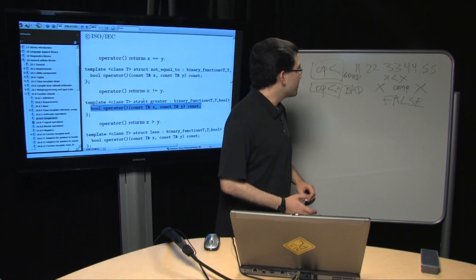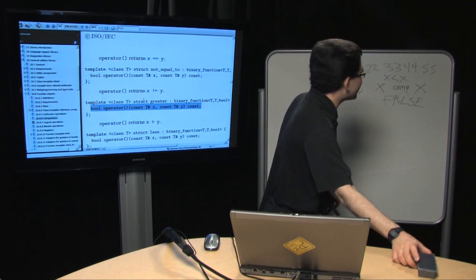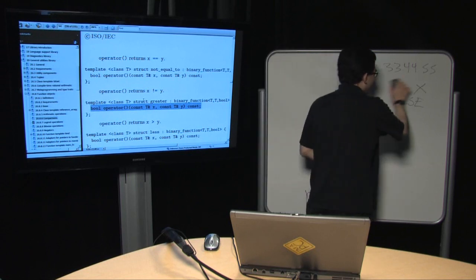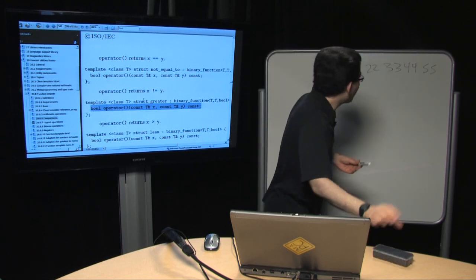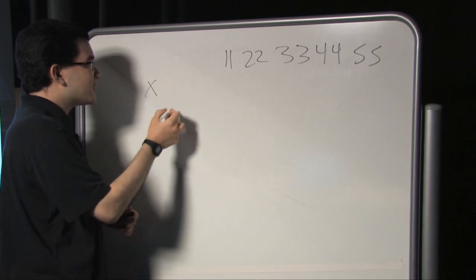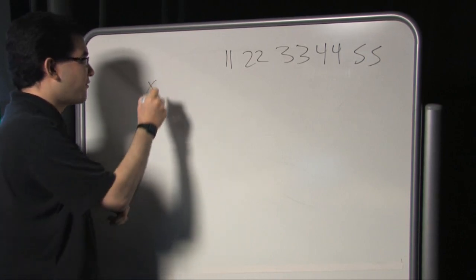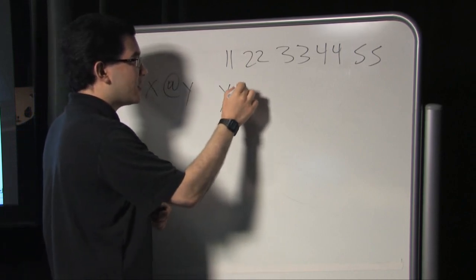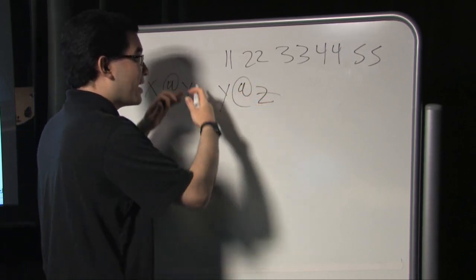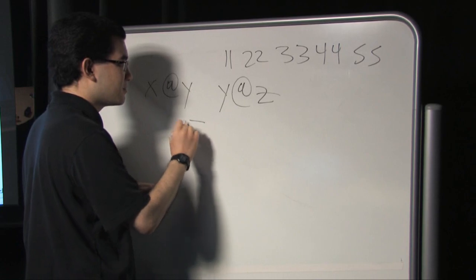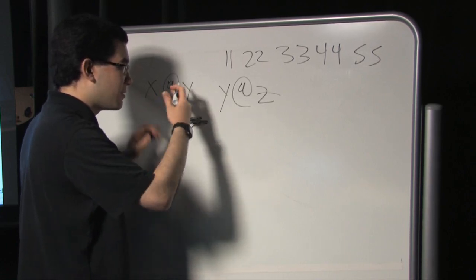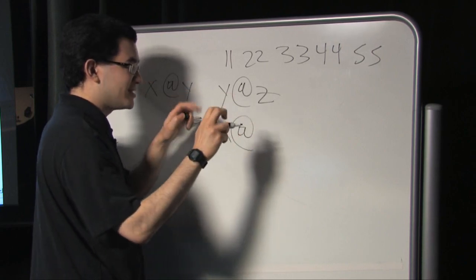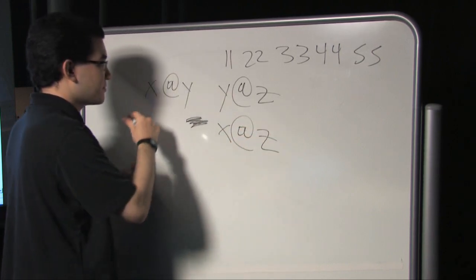The other thing about a strict weak ordering is that it can't result in non-transitivity. So if I have x, and then I'm just going to write an @ symbol for the comparator, if x @ y is true, and then y @ z is true, then that implies, I won't write a symbol for that, that x compares less than z.